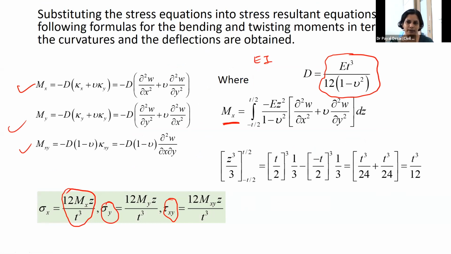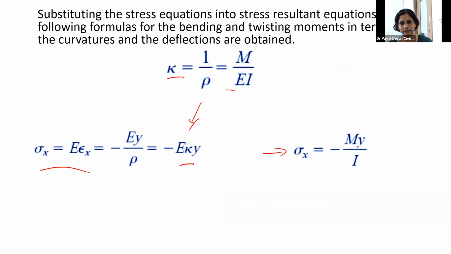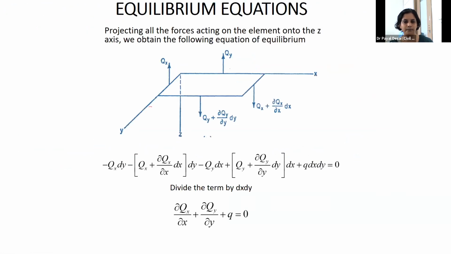So I have already replaced my shear stress with shear forces Qx, Qy, and I have already replaced normal stresses with the bending moments, the stress resultants. And if I take the equilibrium of the mid surface, this is a free body diagram showing all the forces and the variation of that in the mid surface of the plate.